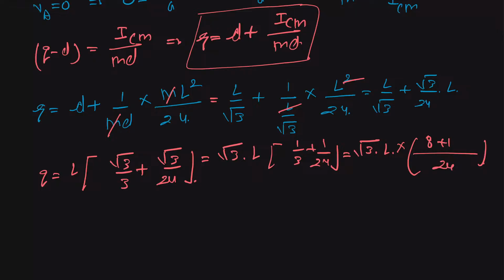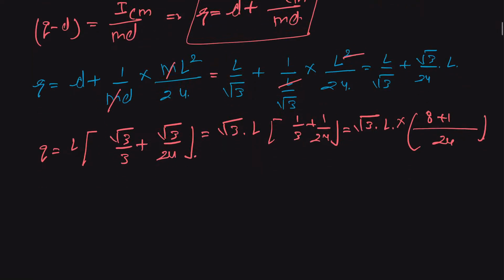So therefore we can say that Q is equal to square root of 3 times L multiplied by 9 upon 24, and if required we can further solve it, rationalizing once again to clear the denominator.